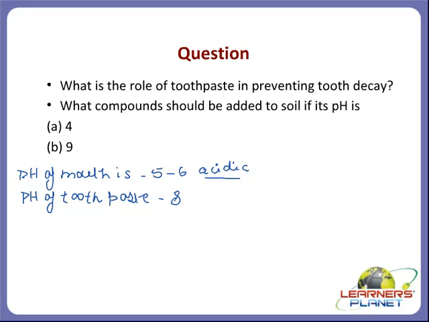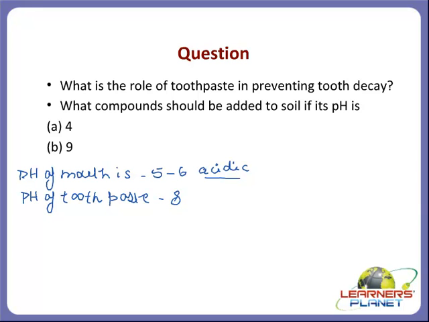Now let's move to our next question, that is, what compound should be added to soil if its pH is 4? So pH is 4. It means what is the medium? Alkaline or acidic?